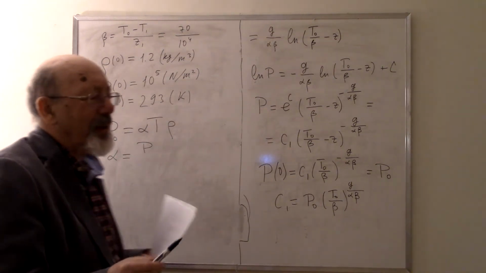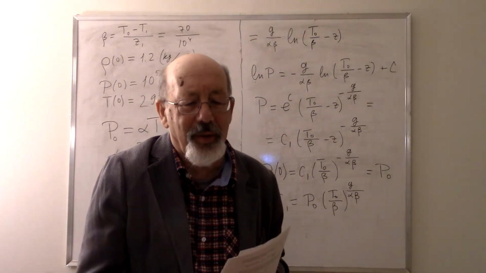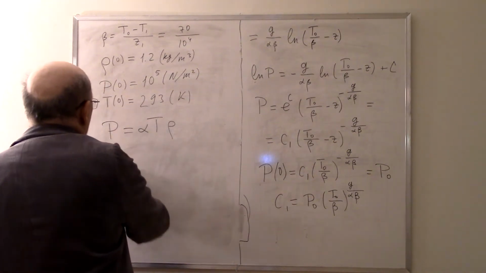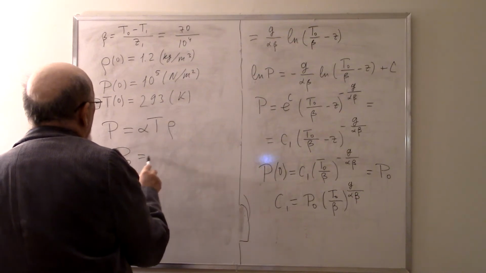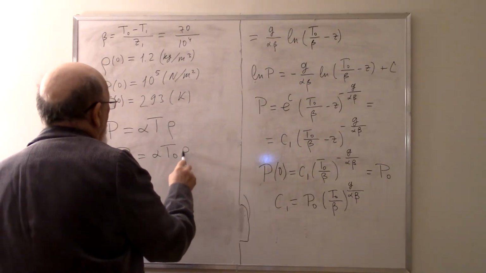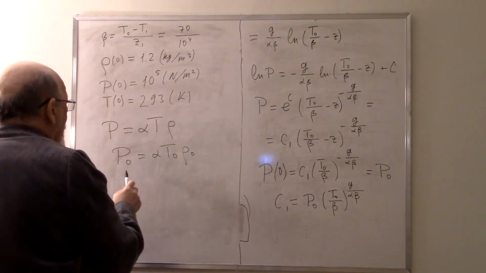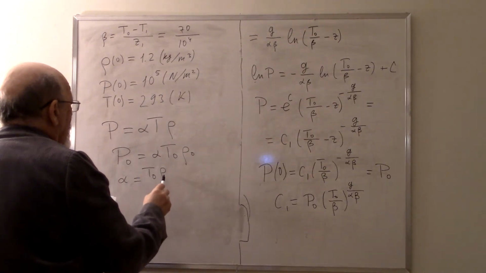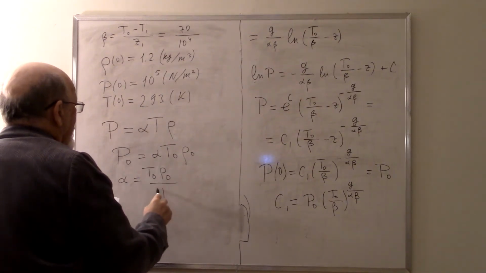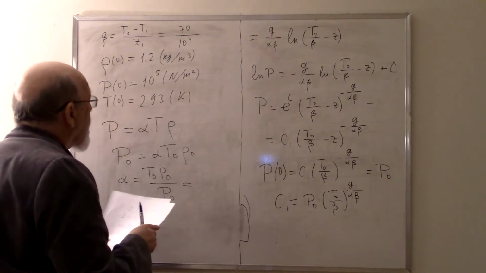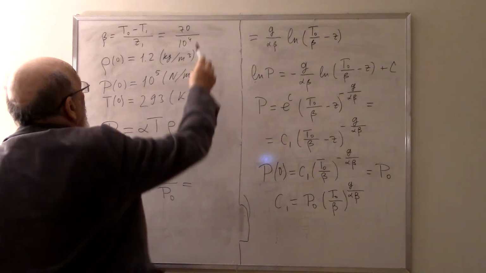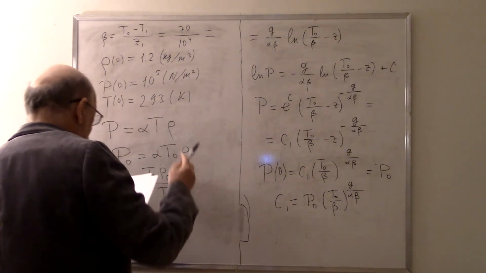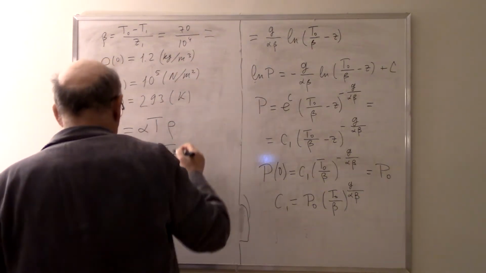In particular, it holds at z equals 0, so P0 equals alpha T0 rho 0. Alpha equals T0 rho 0 divided by P0. So here is the answer for alpha.